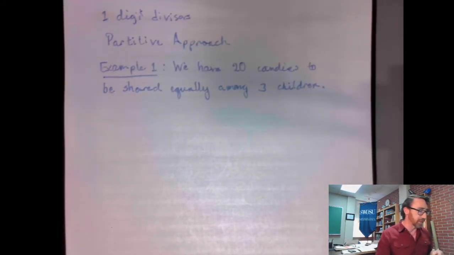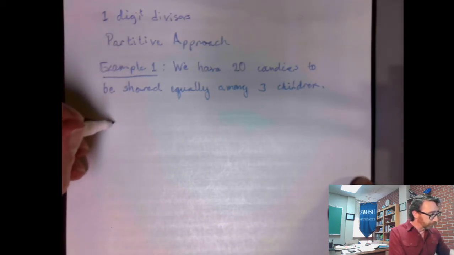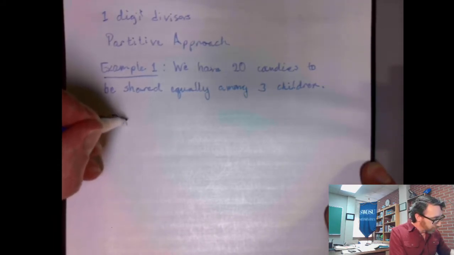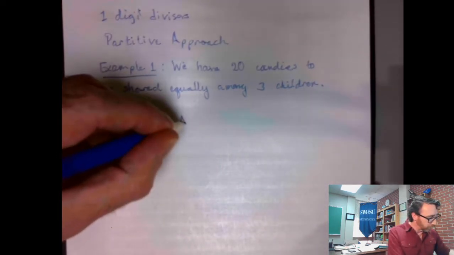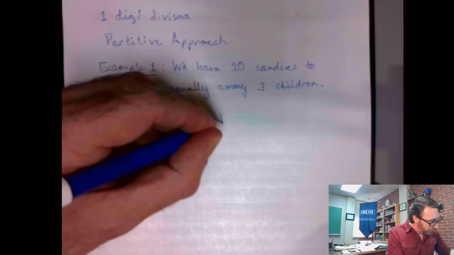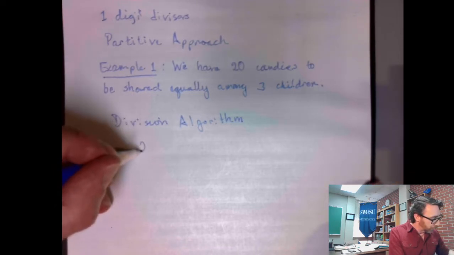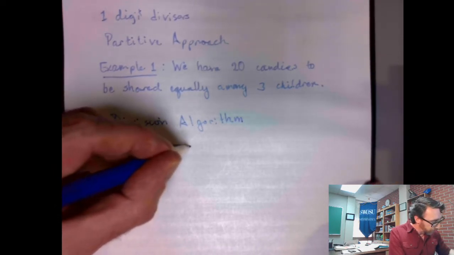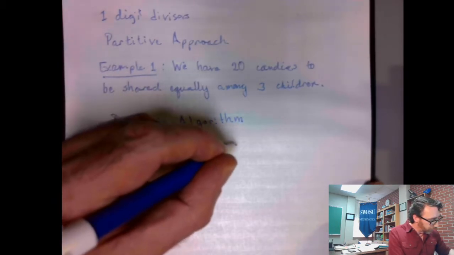Okay, so this is a basic one here, a warm-up example, if you will. We have 20 candies to be shared equally among 3 children. Now if you remember something that we called the division algorithm before, that's a little different than the long division. We would do something like 20 divided by 3 equals, oh gosh, what is it, 6, remainder 2.